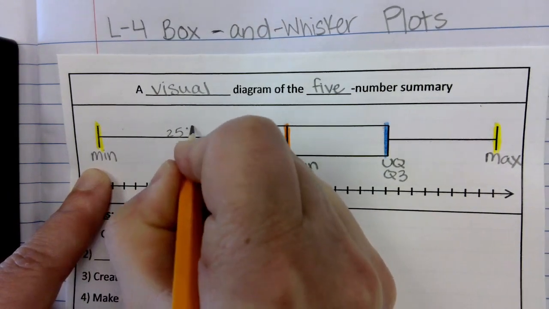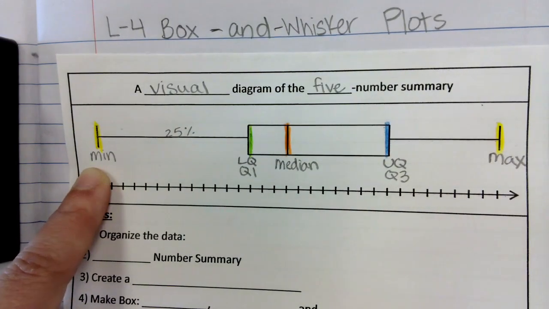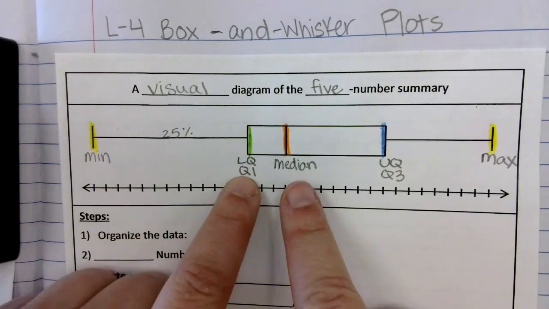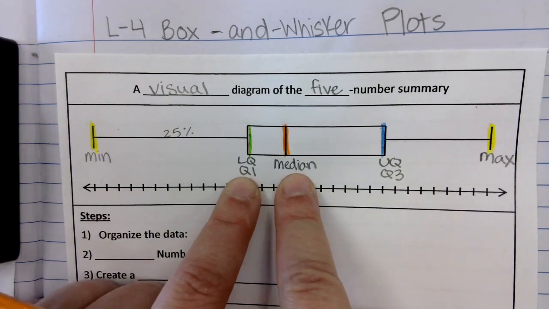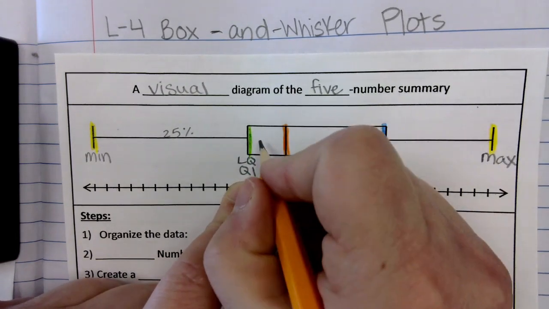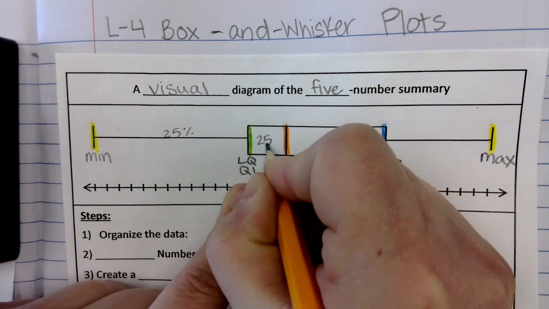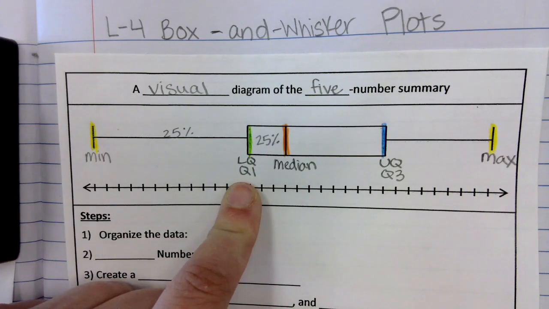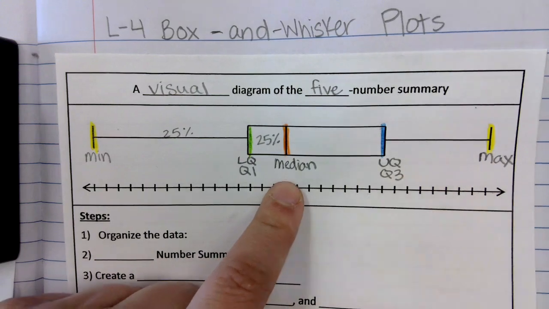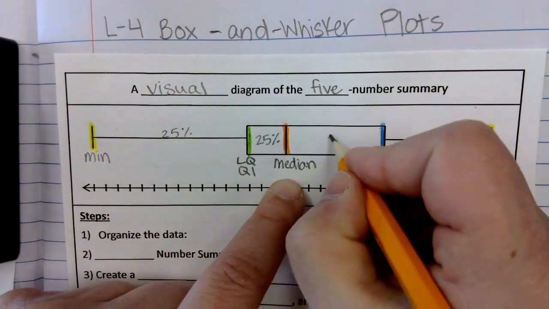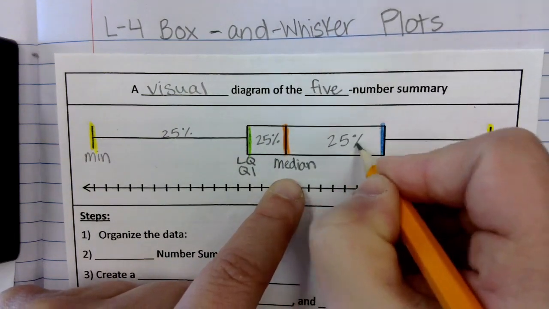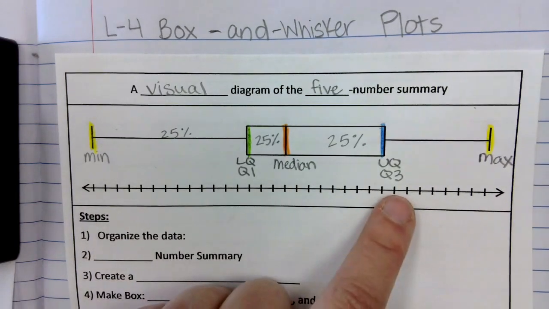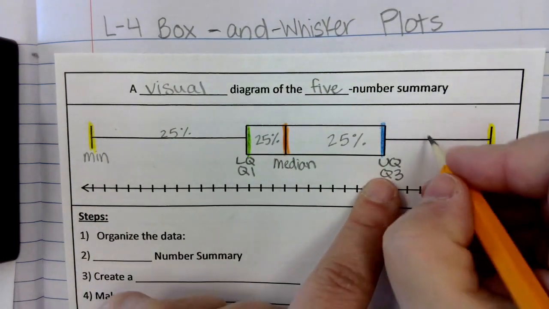How much between lower quartile and median? Another 25%. How about median to our upper quartile? 25%. And upper quartile to the maximum? 25%. Now this is called a Box-and-Whisker plot.